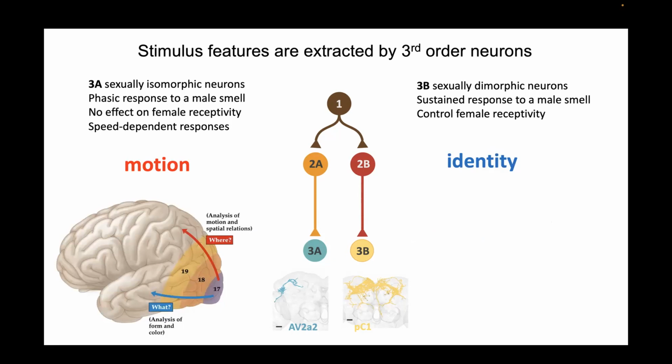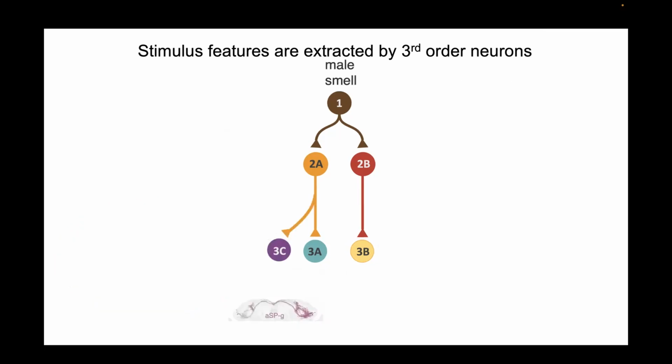Similarly, we have a pathway that represents motion and spatial relations, and another pathway that separately represents identity, form, color, recognition. Those parallel pathways work to encode specific information from the same stimulus.